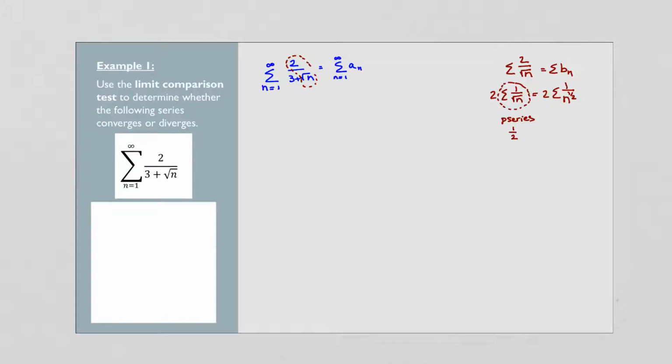And since 1/2 is less than 1, we know that the p-series diverges. So our series b sub n, which we're going to compare to, is a p-series that diverges.